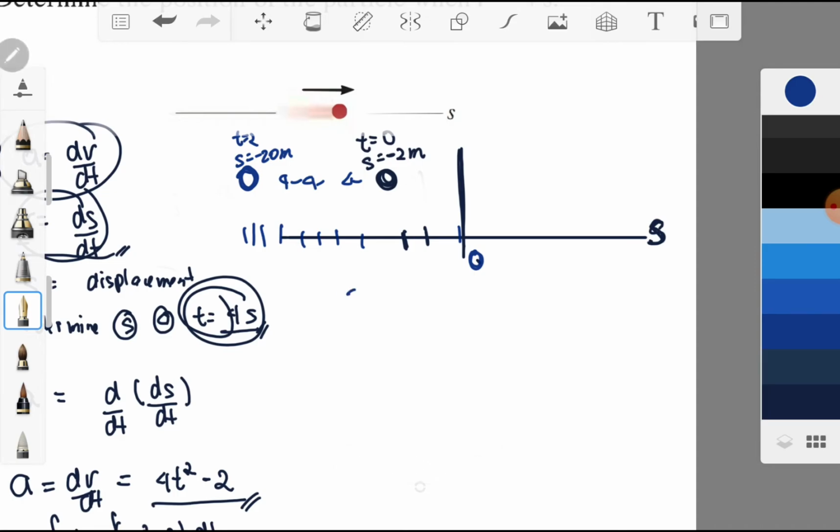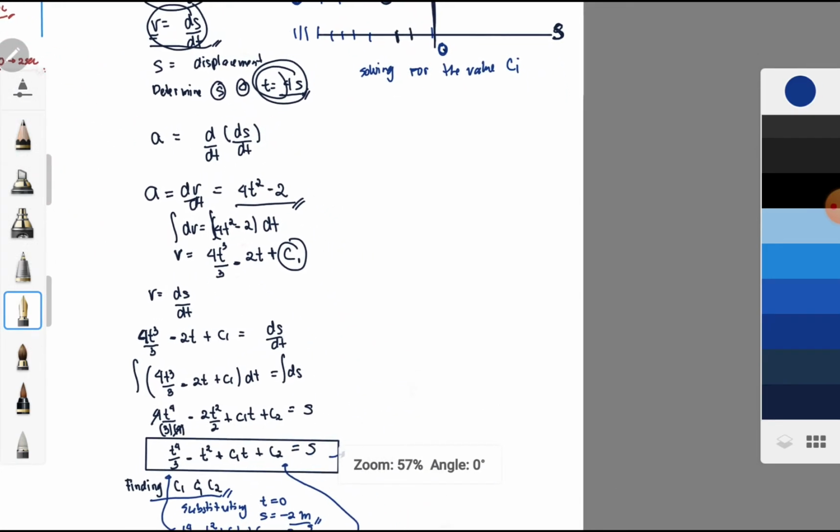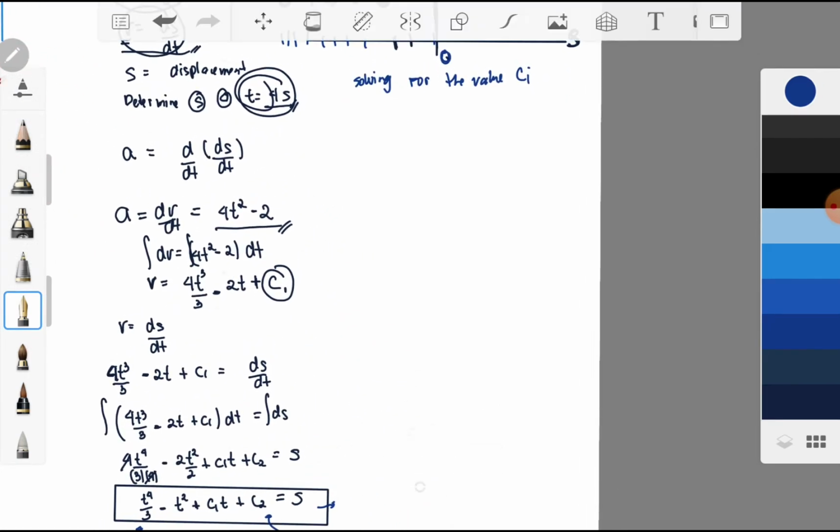So solving for the value of c1, we have our equation, which is t raised to 4 all over 3 minus t squared plus c1t plus c2 is equal to s.